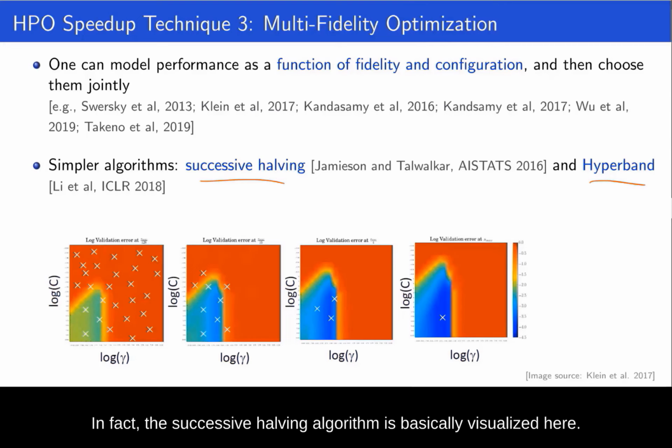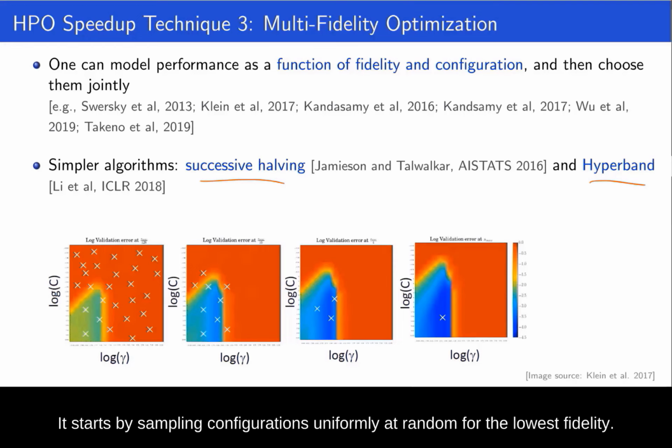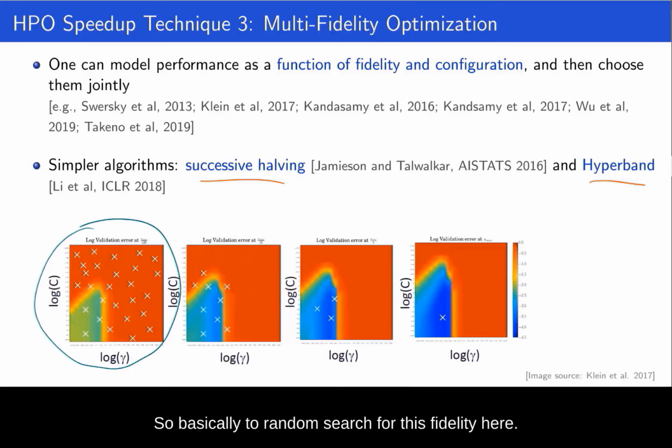Now, a cheaper and less brittle approach is given by these two algorithms, successive halving and hyperband. The successive halving algorithm is visualized here. It starts by sampling configurations uniformly at random for the lowest fidelity, so basically random search for this fidelity. All these white X's here are uniform random samples.